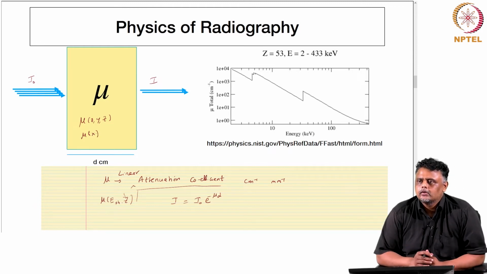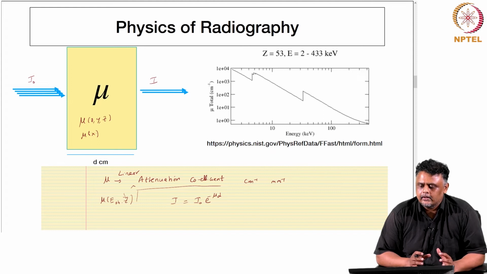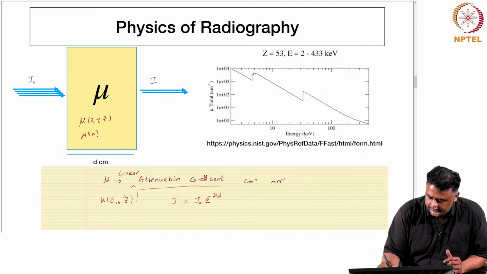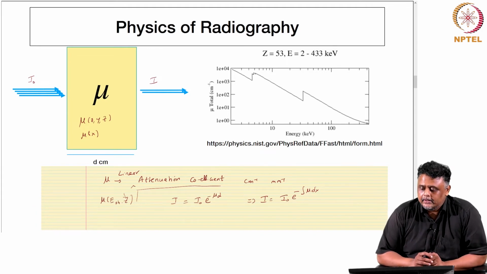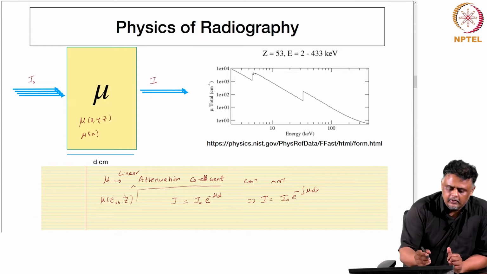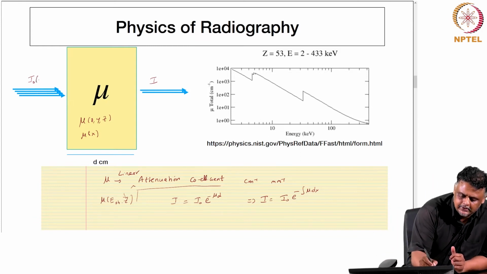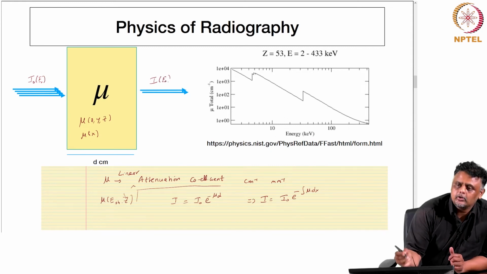So mu will change from location to location, and we can then write this relationship accordingly. There is one other assumption we are making here: that I naught is all at the same energy, some E naught. That is also not true.